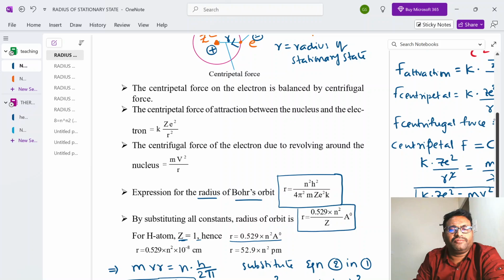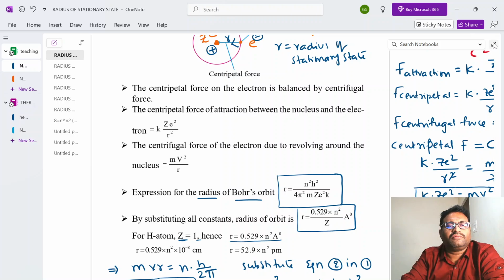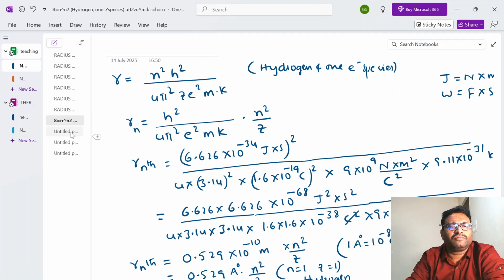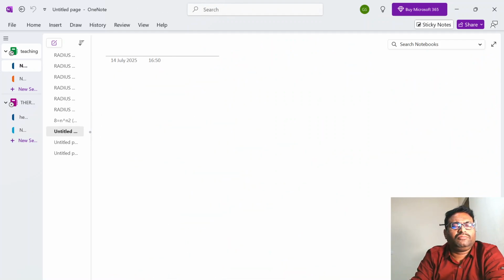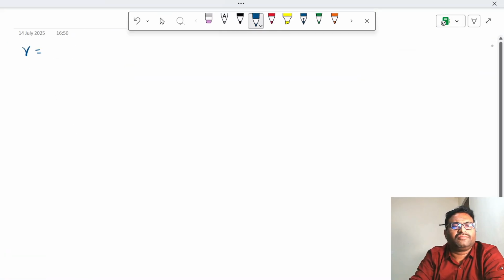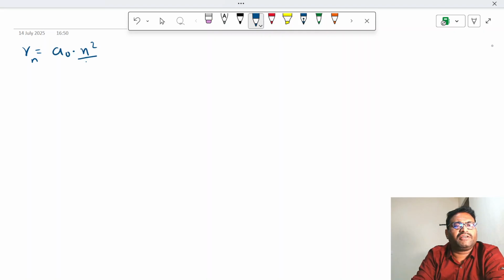Next, the radius of the nth orbit is equal to a naught into n square by Z, where a naught can be written as 0.529 angstrom units.